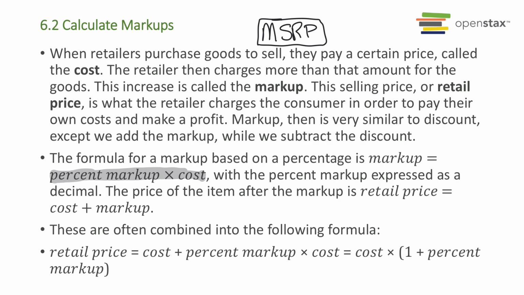To calculate the markup, it's still a percent, so we multiply by the percent. But when we calculate the retail price, we end up adding that amount, and so that adds to the actual price of the item. So the trick there is to do cost times 1 plus the percent. That's going to help with easily calculating the markup.